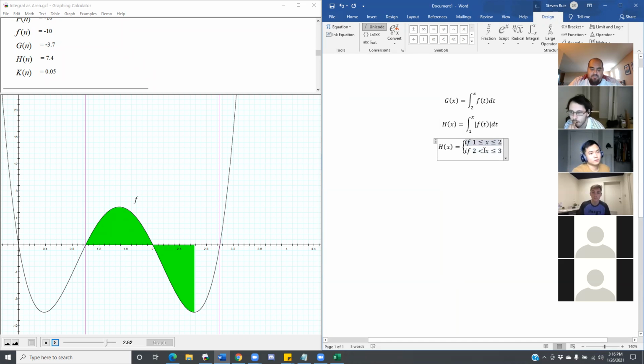All right, so let's handle the first part first. Again, remember, I'm always assuming that I'm going to start accumulating area at x equals 1. How am I going to find my area if my x value is somewhere between 1 and 2? How would I find that?